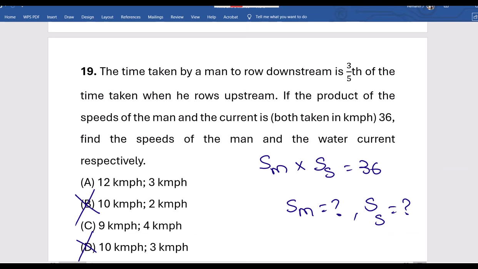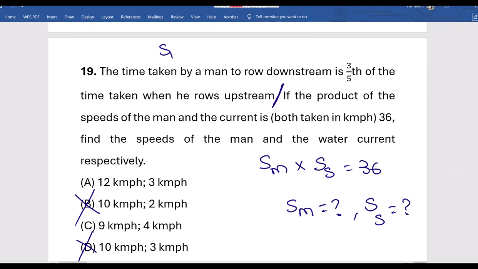Next, with the first line you have to decide your answer. Time taken by a man to row downstream. See, will downstream take less time or will upstream take less time? Downstream, because the downstream speed is more.